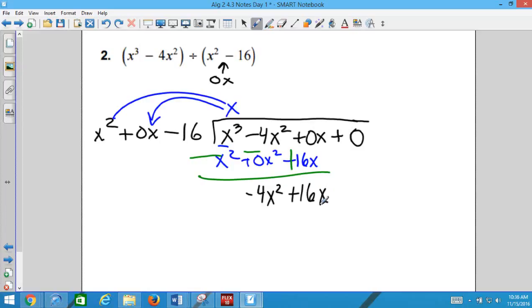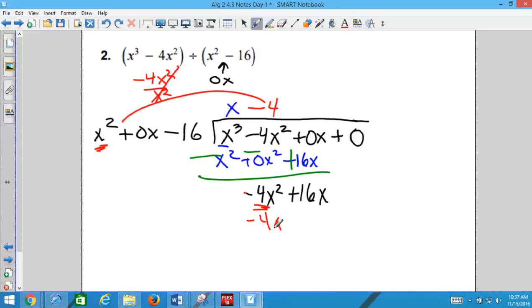We do the process again. So how many times does x squared go into negative 4x squared? If you're not sure, you write it on top of each other. And that gives me negative 4. Then we distribute it. Negative 4 times x squared is negative 4x squared.